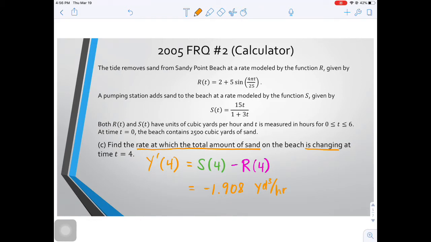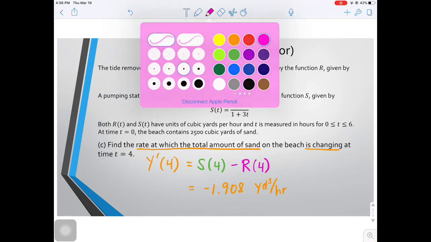Now what does this mean? Well, this means that at t equals 4 hours, because this y prime value is negative, I'm going to use my highlighter.